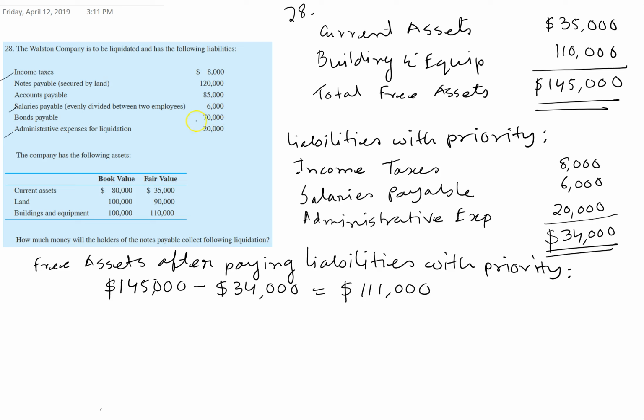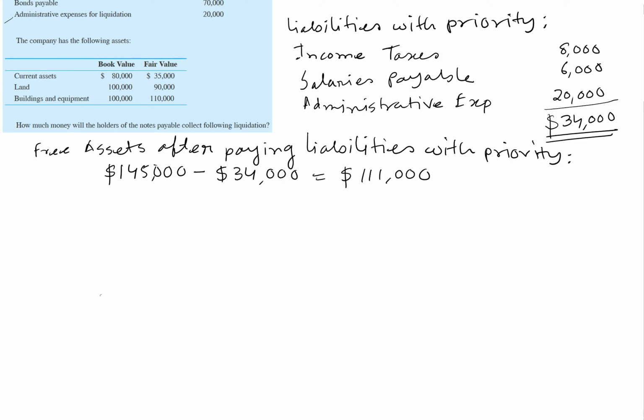We have accounts payable, which is also an unsecured liability, and we have bonds payable. So now we will check what are the unsecured liabilities.